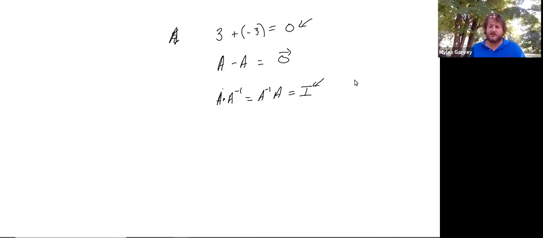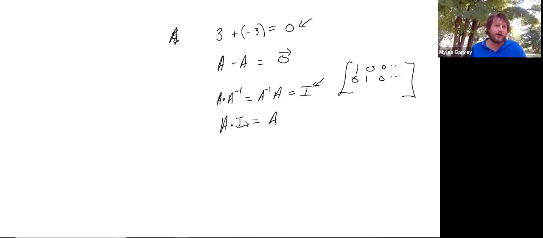That's the matrix of 1, 0, 0, 0, 1, 0, so on and so forth. It's the matrix with ones on the diagonal. Another property is if we multiply any square matrix by the identity, we just get back that matrix. Got to be very careful with my terminology here. But anyway, you can see the operations in full effect.